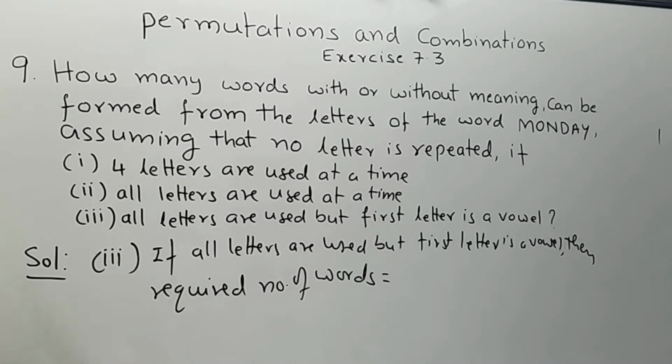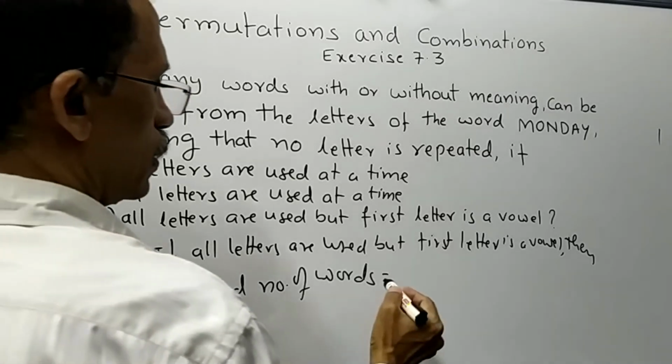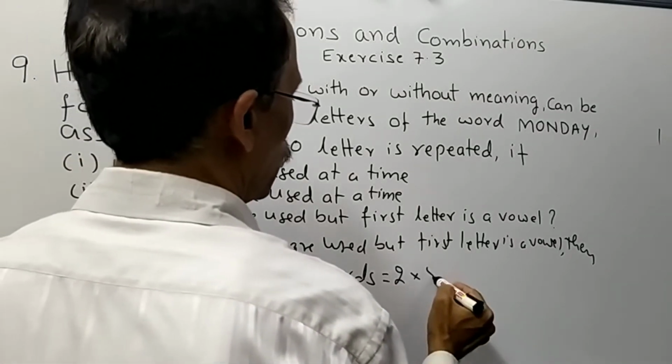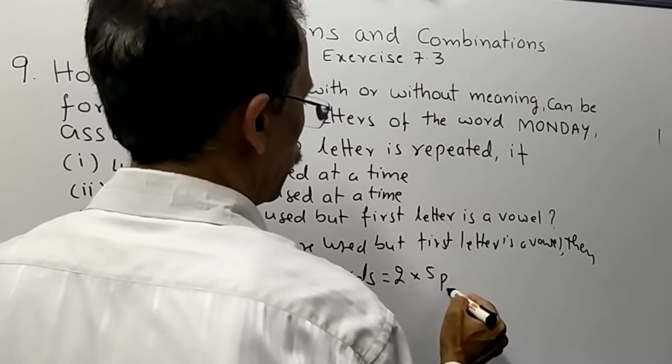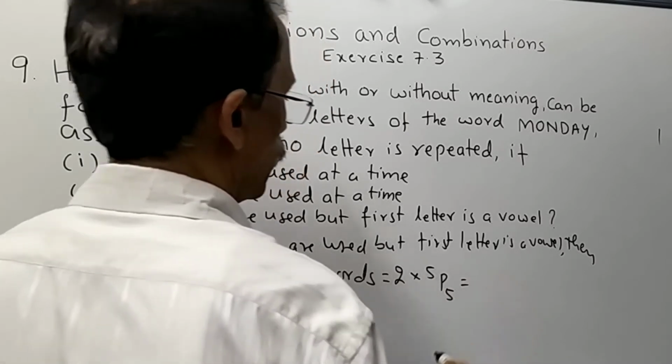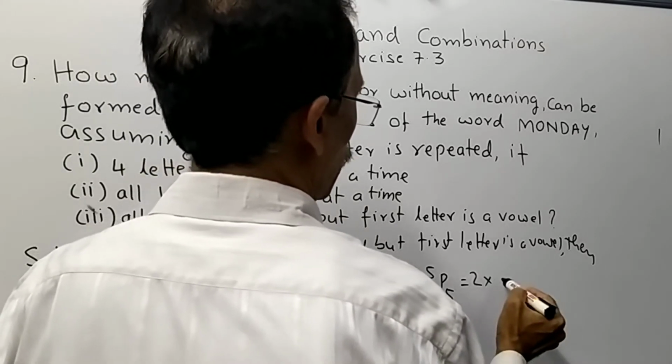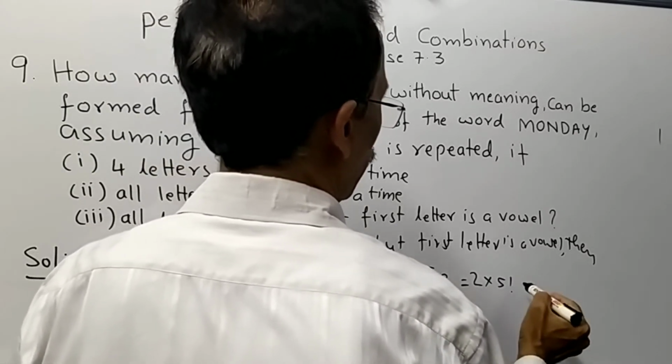So first place can be arranged in 2 ways and remaining 5 places can be arranged in 5P5 ways. That is 2 into 5P5, which is equal to 2 into factorial 5.